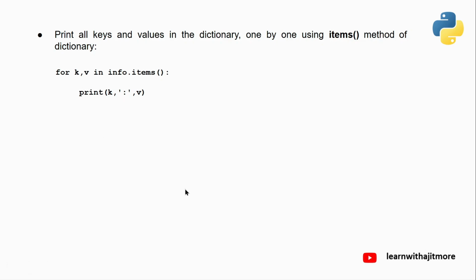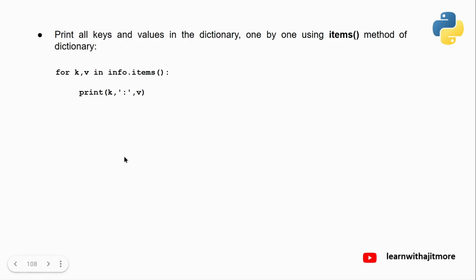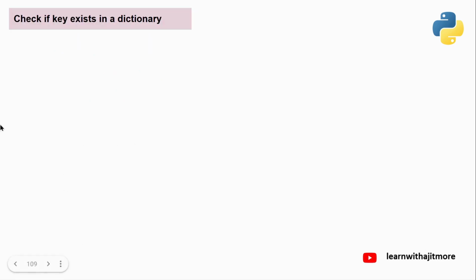Unpacking concept we have studied at the time of list, and during tuple also I told you. Okay? So this way you can use these three methods: dictionary.keys, dictionary.values, dictionary.items for traversing the dictionary.